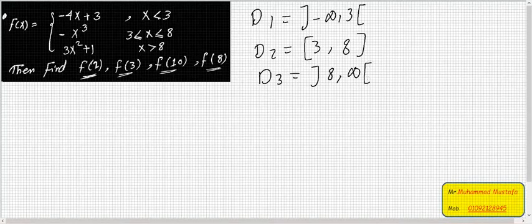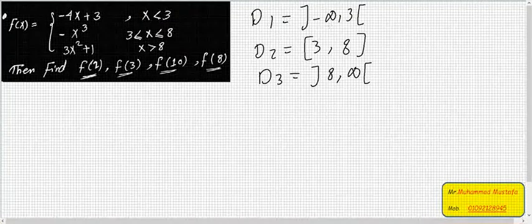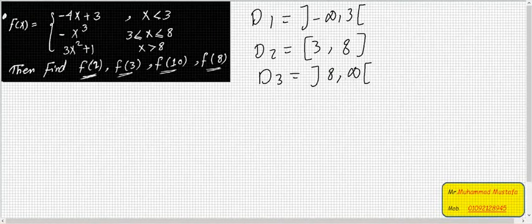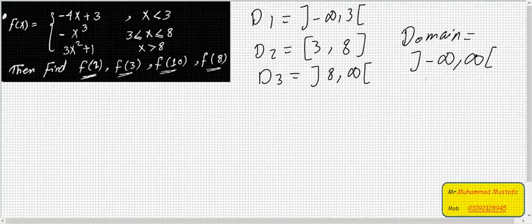To find the domain, we find the union of d1, d2, and d3: from negative infinity to 3, from 3 to 8, then from 8 to infinity. If we union the three intervals, you can deduce that the domain equals from negative infinity to positive infinity. That means that the domain is R.